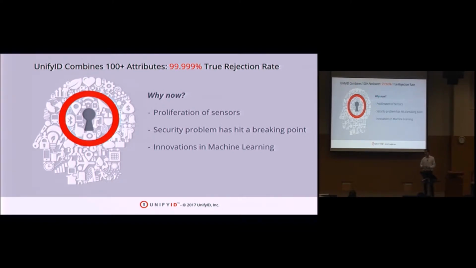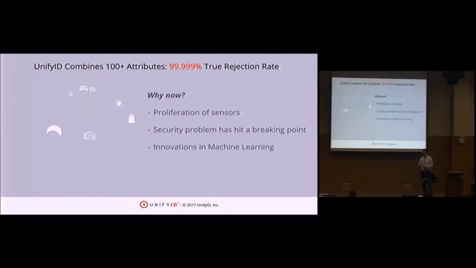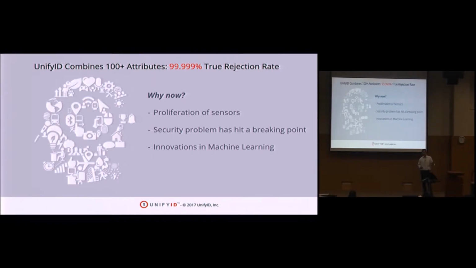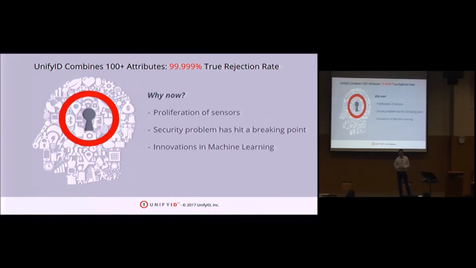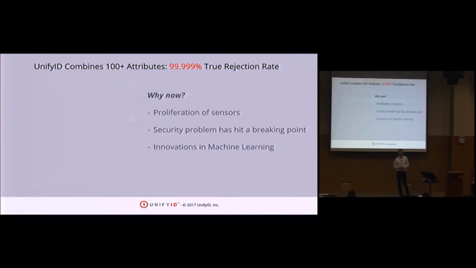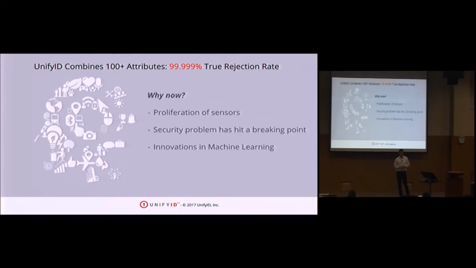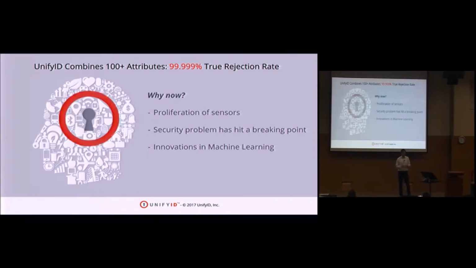The security problems have hit the breaking point. With passwords, identity theft and all of these things, if 10 years ago you had told somebody, okay, we're going to track all of these things about you and it's going to help your security, people would say that's creepy and I don't want to use it.